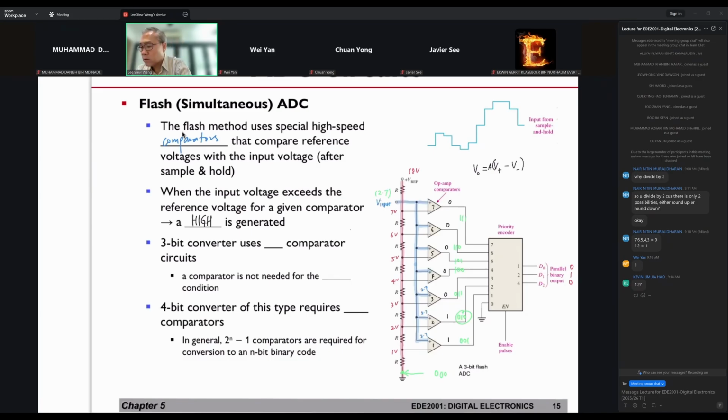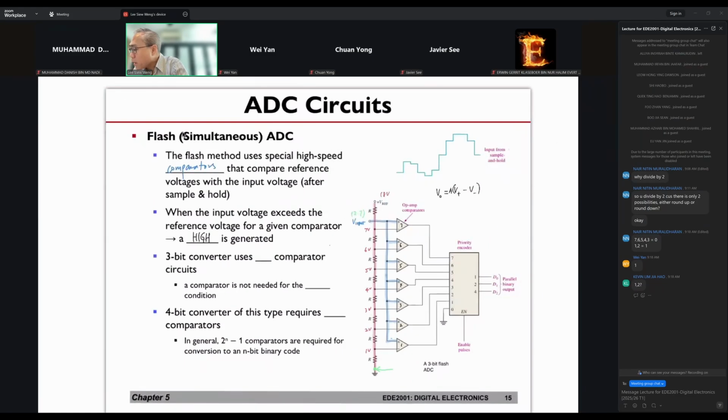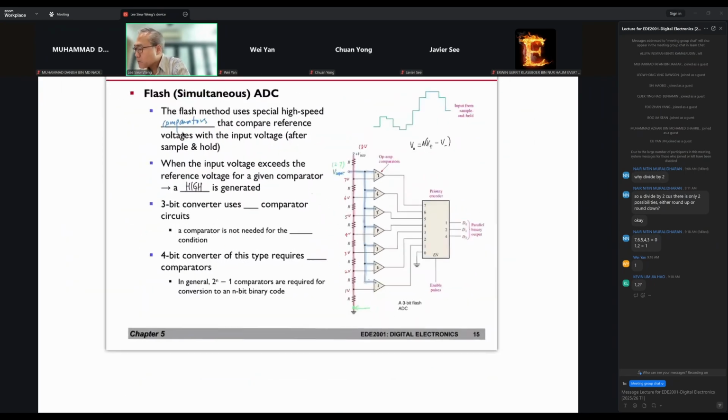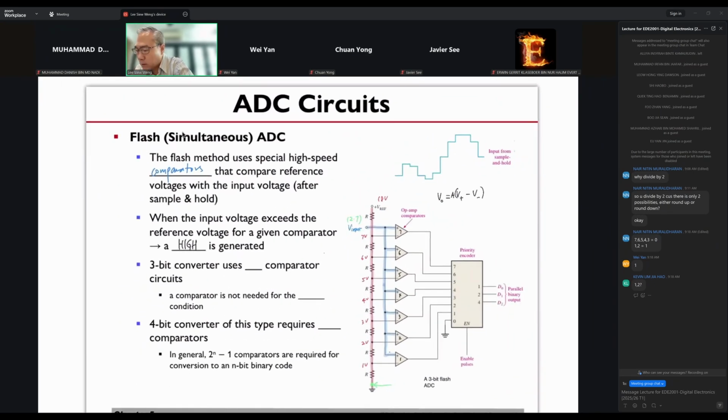Let's do one more so that you are clear on this. Let's remove all this here. Now remember, we are trying to digitize our signal here. So let's say this time my input voltage is 5.3 volts.